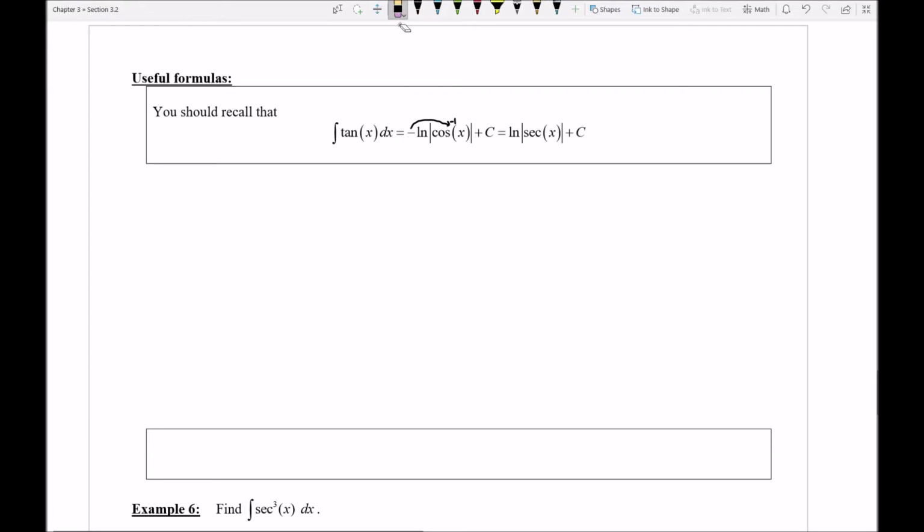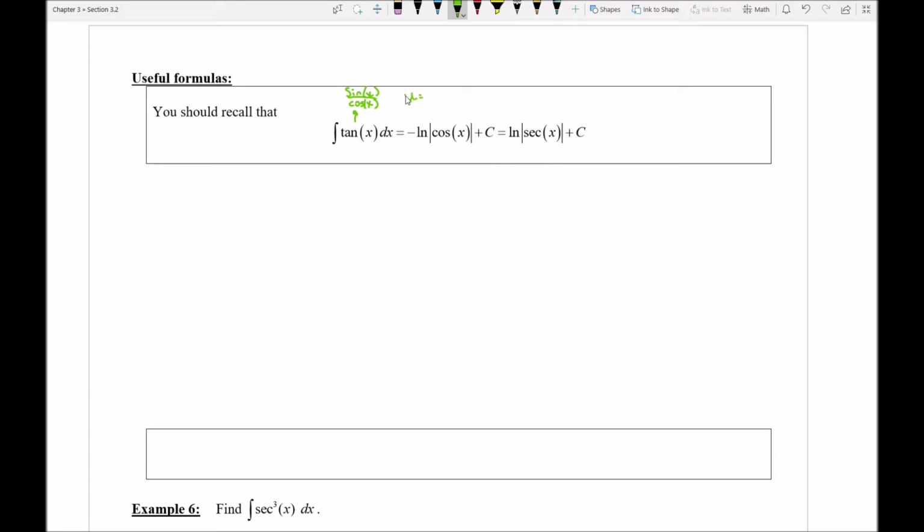Now, it may be totally the case that you don't recall this, or you didn't dedicate this to memory in Calc 1. If that's the case, you might be able to quickly refresh on why this is true by double checking for yourself that if you were to do a u substitution with the tangent in the form of sine over cosine, you could generate this result.